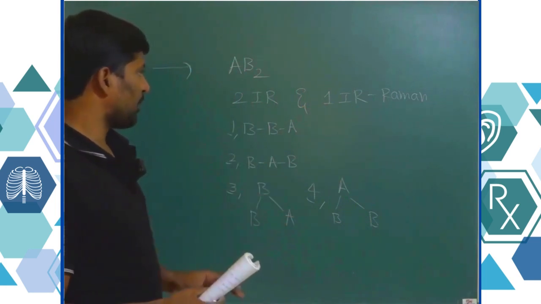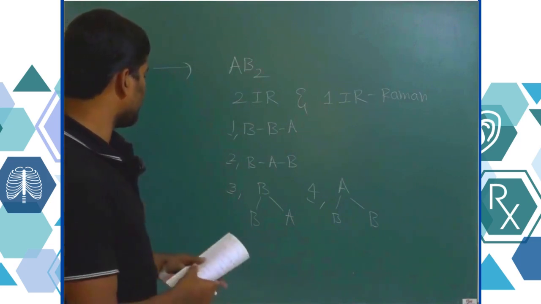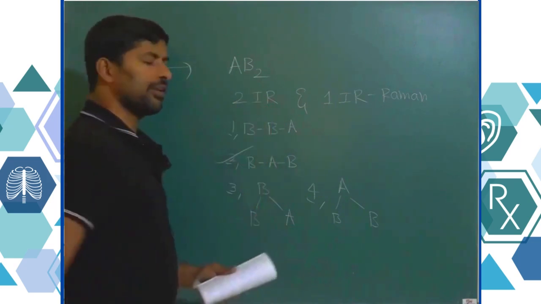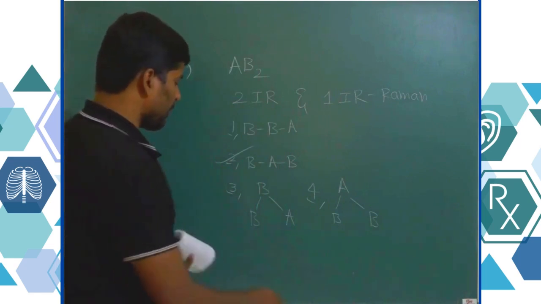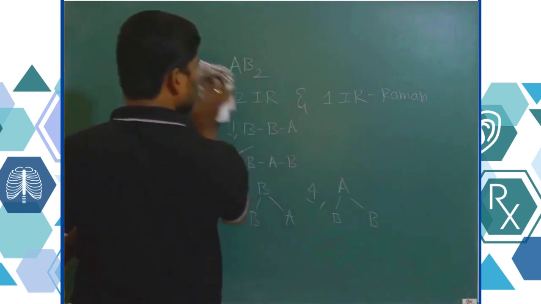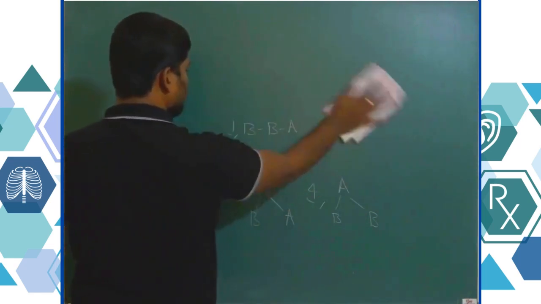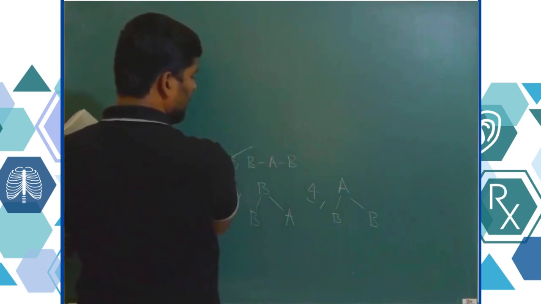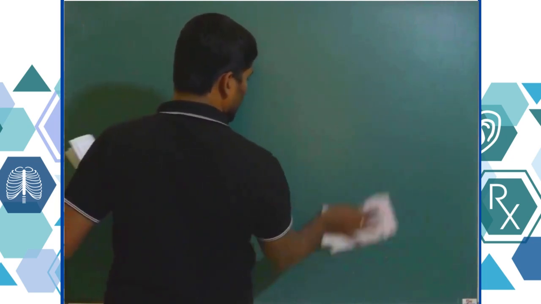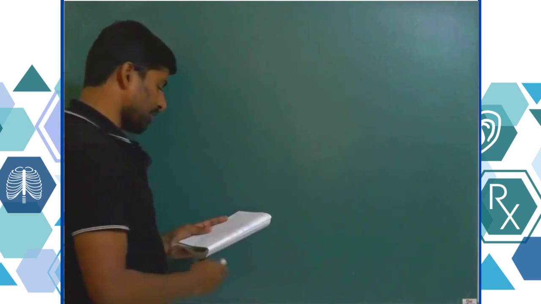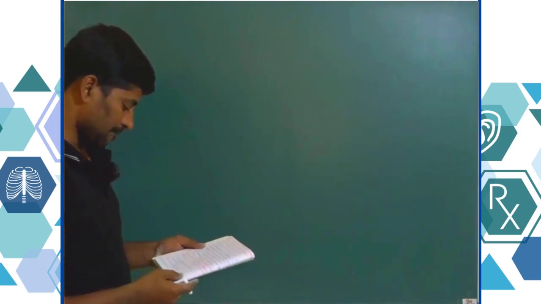A centrosymmetric molecule, with a center of inversion, is given only in option BAB.